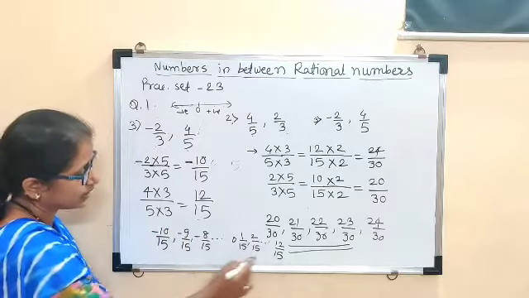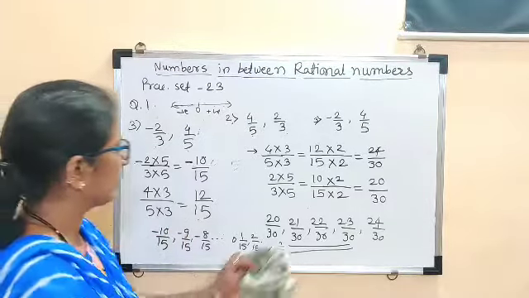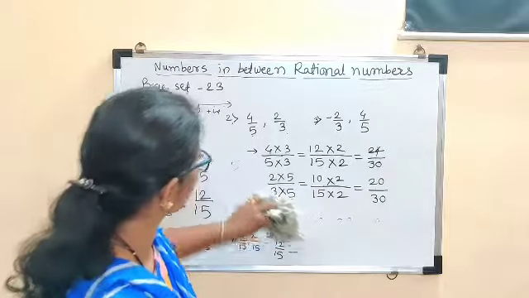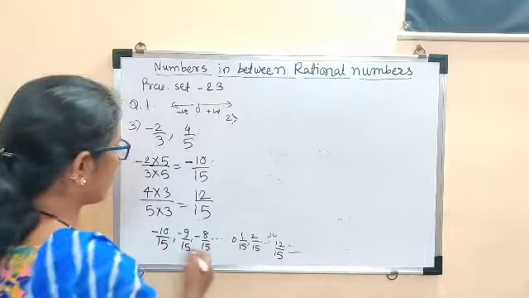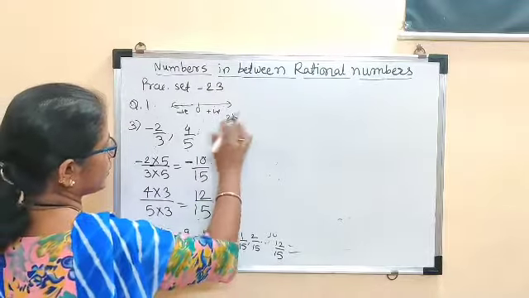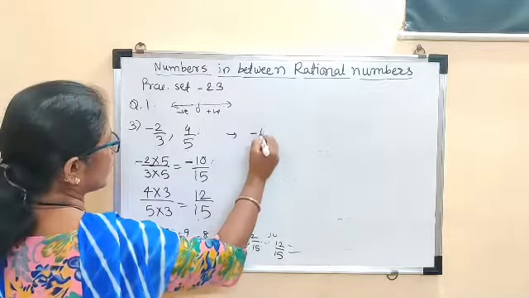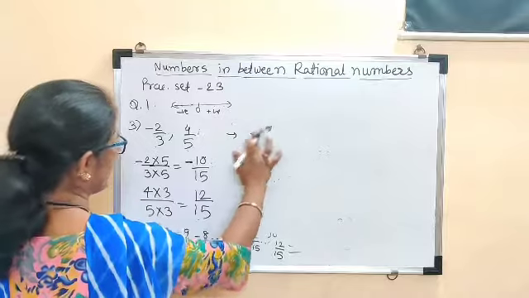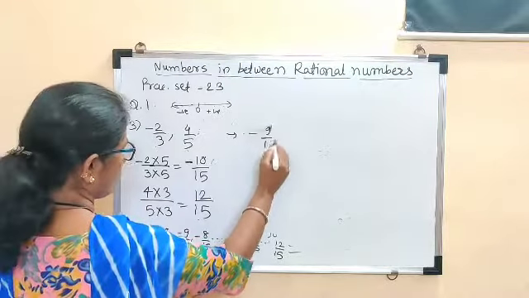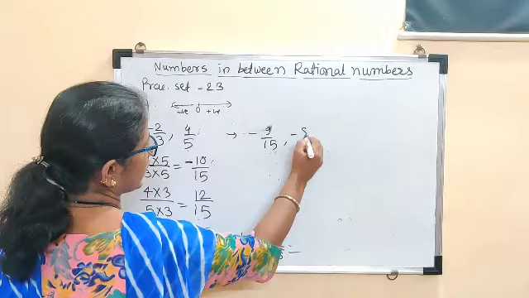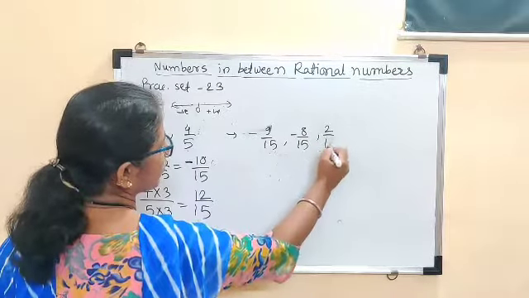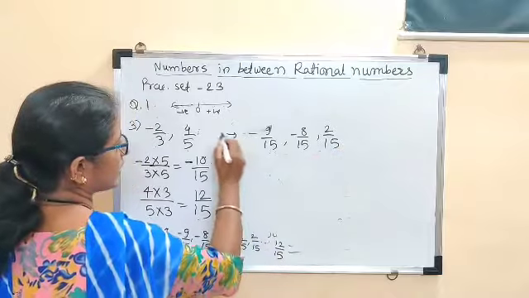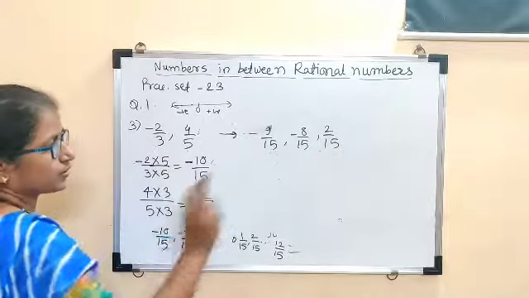Any three you write. Now take one negative. Already 10 is given. So take minus 9 upon 15, minus 8 upon 15, and from the positive any one you can take, 2 upon 15. These are the three rational numbers between these two numbers.